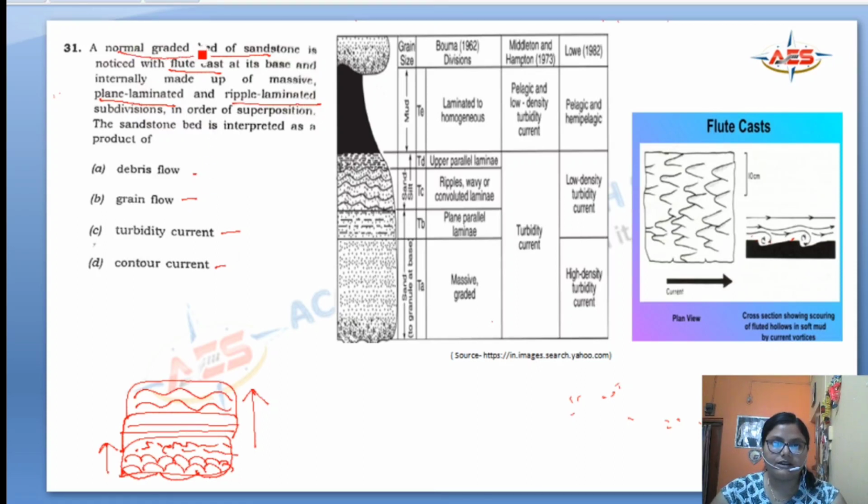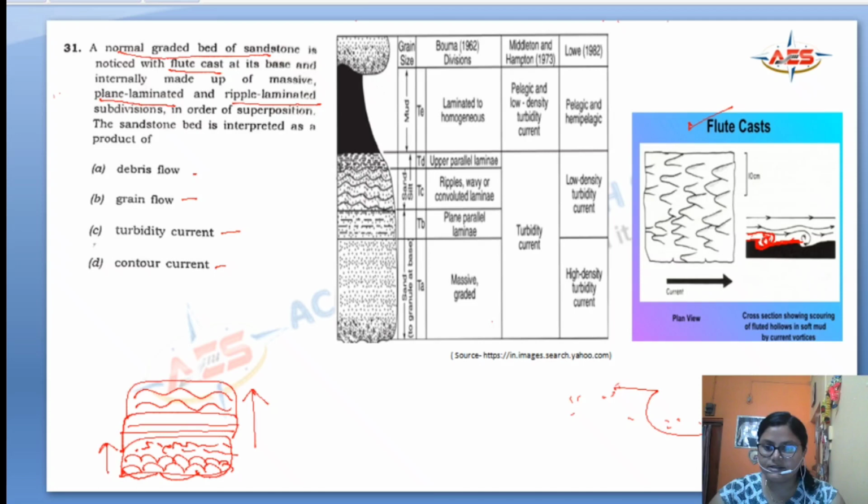Now, in the case of the fluid cast, as you can see here, we have the picture of the fluid cast. These fluid casts are formed when the water that flows near the sediment plunges onto the sediment surface and forms a vortex, due to which the sediment is eroded at the upstream side and it forms a bulbous part there, and it pinches at the downstream side. So the structure we get is this type of structure.